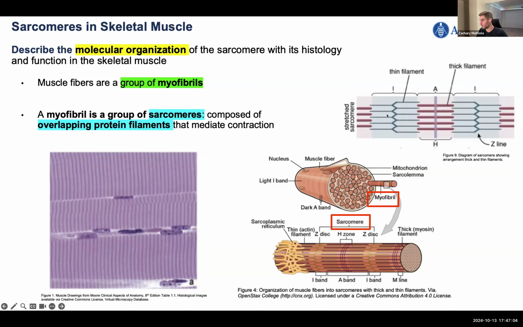So what is the sarcomere? The sarcomere is basically overlapping protein filaments. We have two major types of filaments: a thin filament, also known as actin, if you've heard of that before, and a thick filament, also known as myosin. With them overlapping, that allows the myosin to grab on to the thin filament when it's time to contract and basically pull it close together.